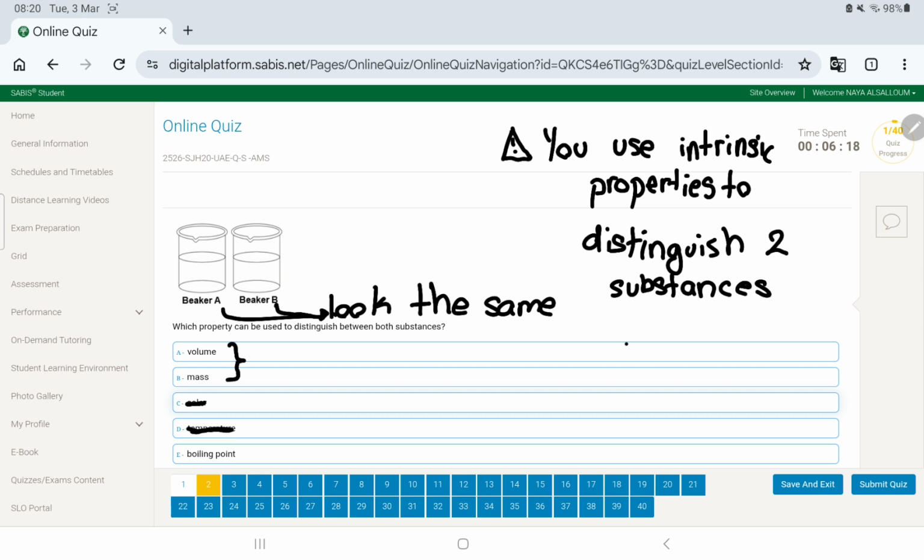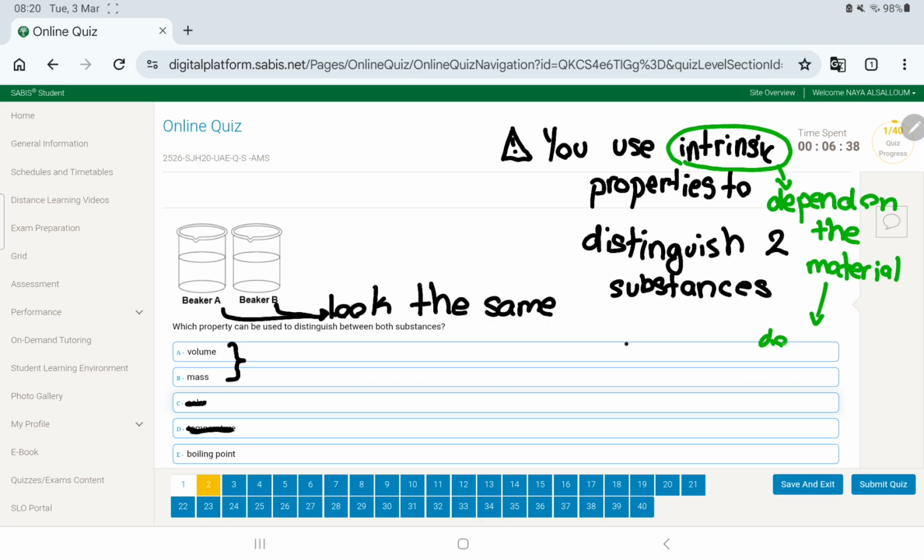Now, guys, what are intrinsic properties? Intrinsic properties basically depend on the material. Or in other words, you can say it doesn't depend on the amount of matter.